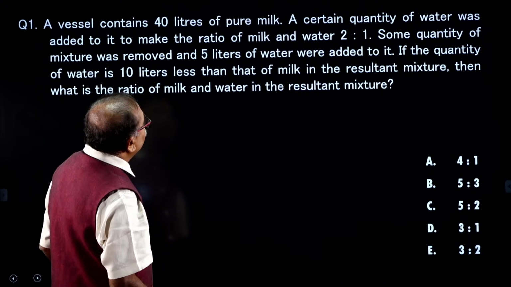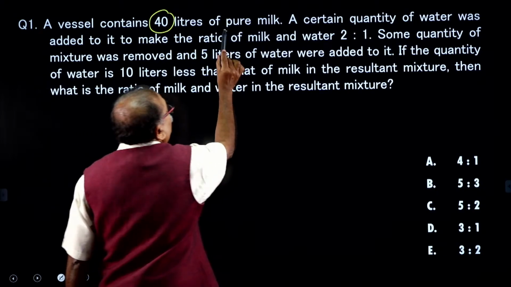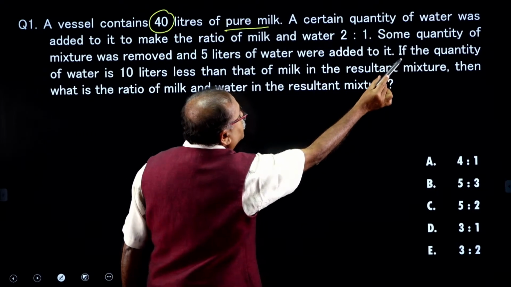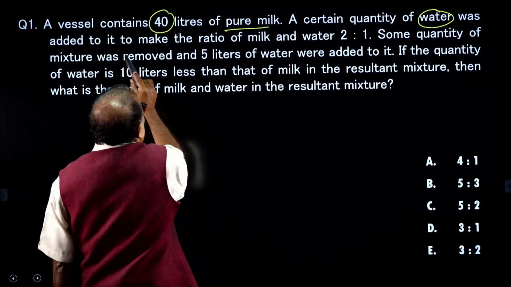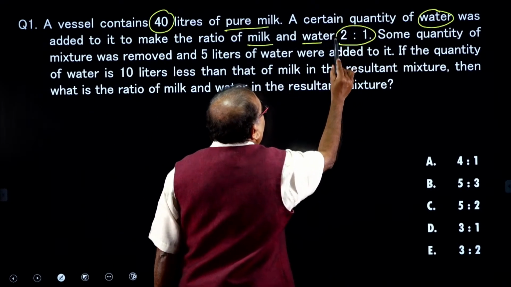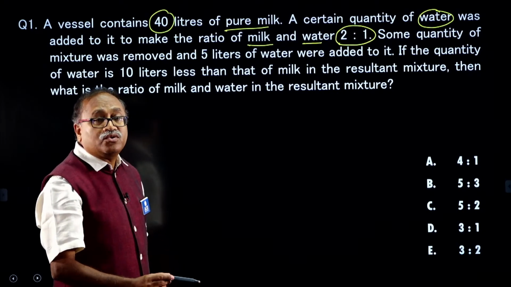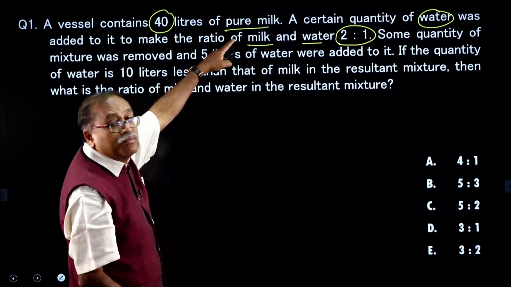A vessel has 40 liters of pure milk. A certain quantity of water is added, and the ratio of milk to water becomes 2 is to 1.